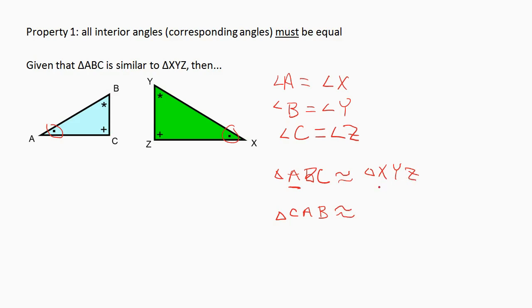Okay, that would be writing it incorrectly. Since C comes first, we must write the letter that corresponds with the angle that's the same as C. So we have to write triangle Z. A is the same as X, so Z, X, and then B is the same as Y, ZXY.